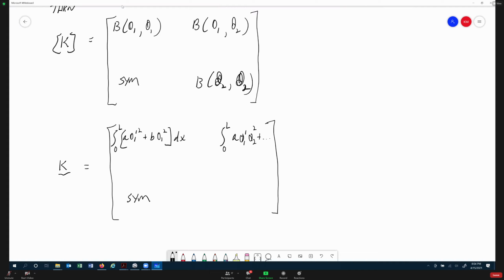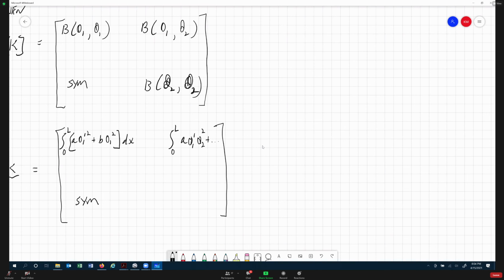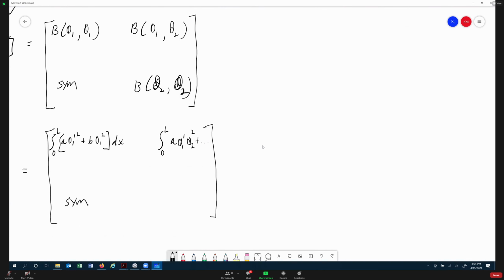These are huge integrations that have to be done as the individual terms in this matrix. And synonymously, the F is the same thing: the integral from 0 to L of C phi 1 plus A L phi 1 L.